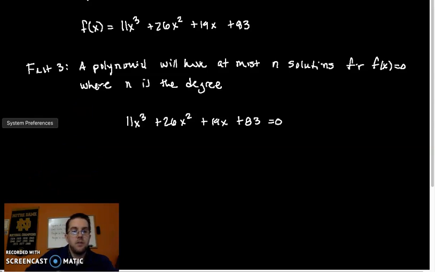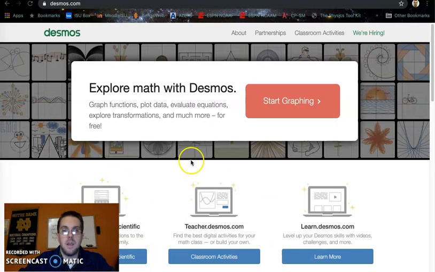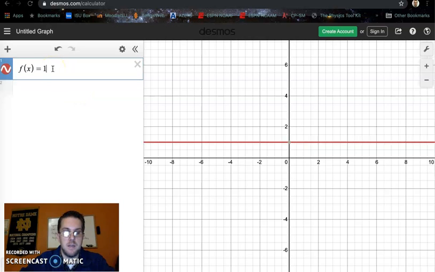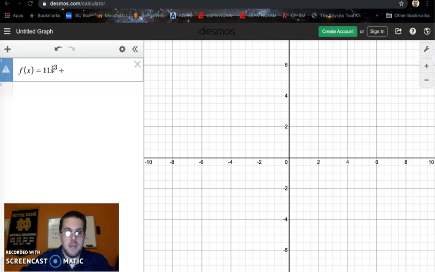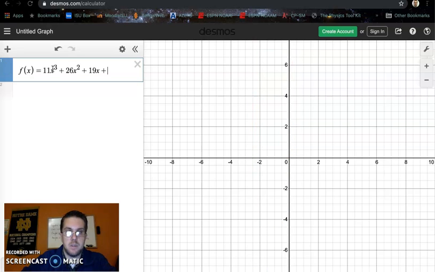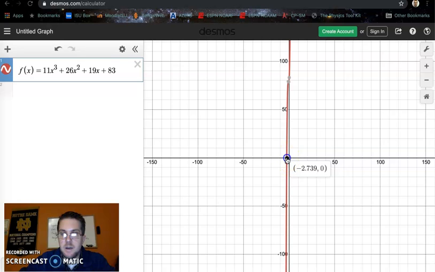Okay, so if we go to Desmos.com, and you've used this before, I know you have, and we punch in our function f of x equals 11x cubed plus 26x squared plus 19x plus 83, then I'm going to zoom out, and it turns out this thing only crosses our x-axis once for real numbers. The other times it crosses are in the complex numbers. Okay, so you have to be very careful about how you do this now.